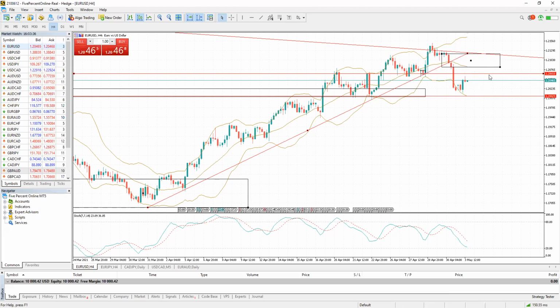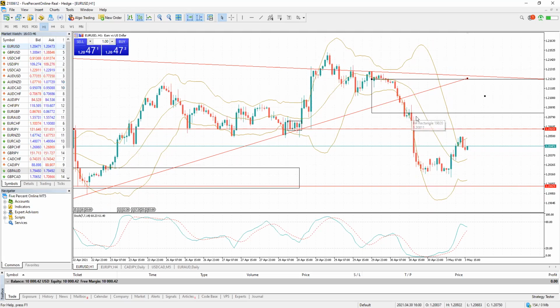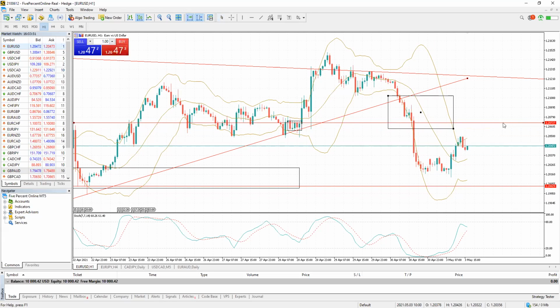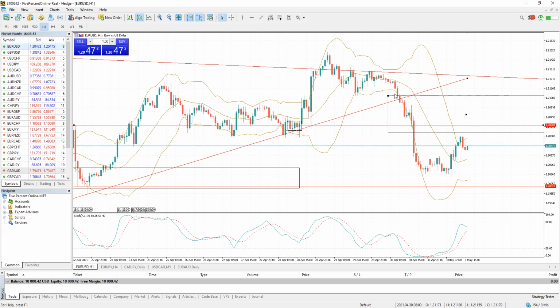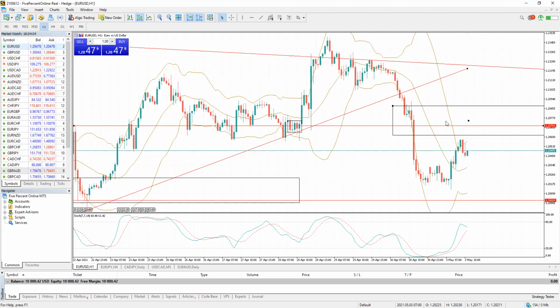We should pay attention to this kind of setup that we can have, but for now only hold and check what will happen here. Also, here there is a great supply just over this one, so we will have to be really careful of this rectangle over there.